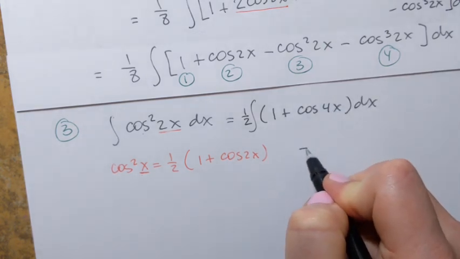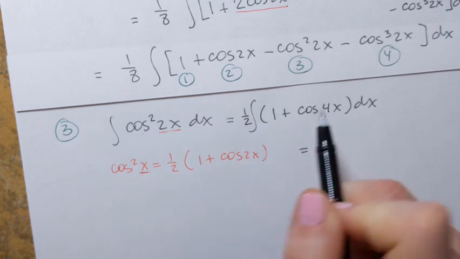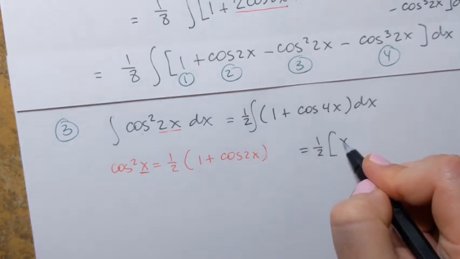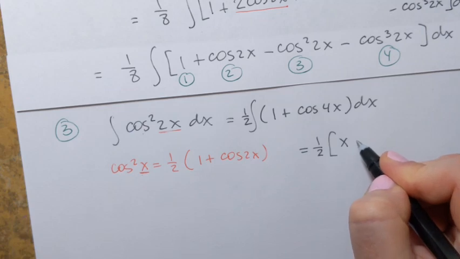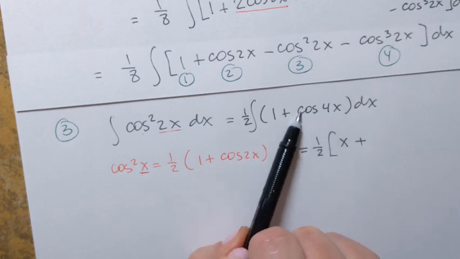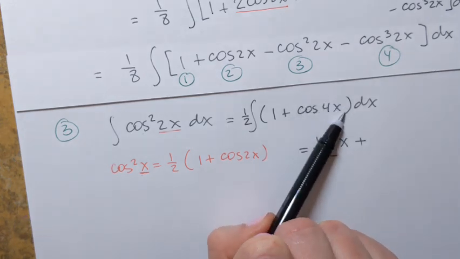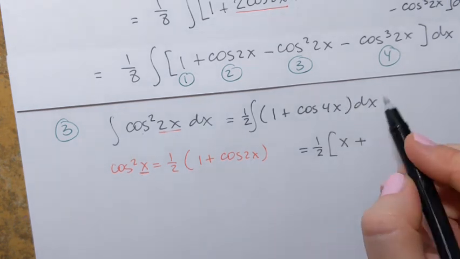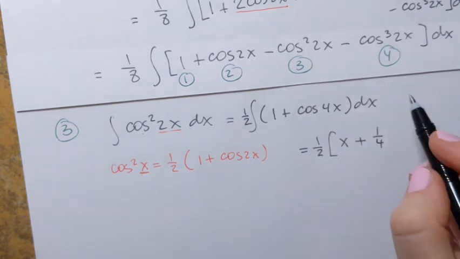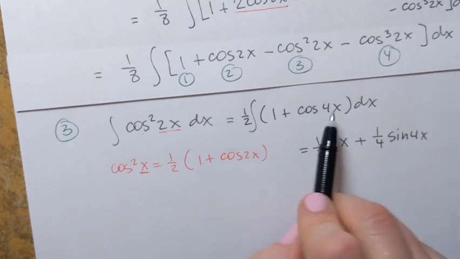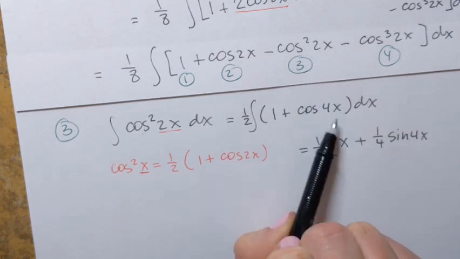And now integral of that is constant. Integral of the constant is x, and then integral of cosine is sine, and I'm skipping basic u substitution here. The only thing that will give me is that coefficient 1/4 once I integrate. 1/4 sine of 4x, and you can just try it on the side if you're not sure what happened here.